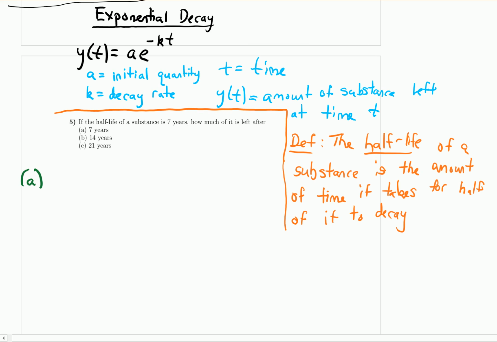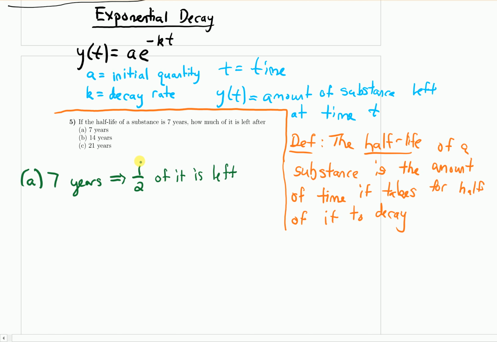Part A says how much of the substance is left after 7 years. If the half-life of the substance is 7 years, that means in 7 years, half of it decayed. So after 7 years, 1/2 of it is left.